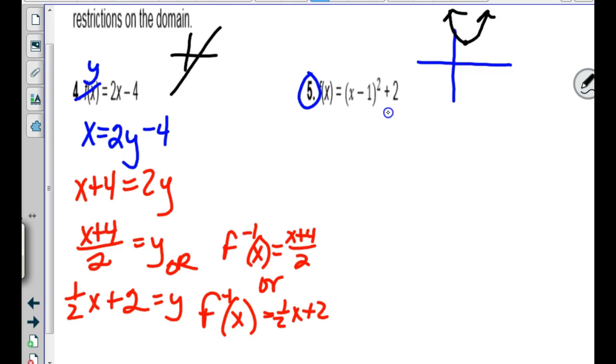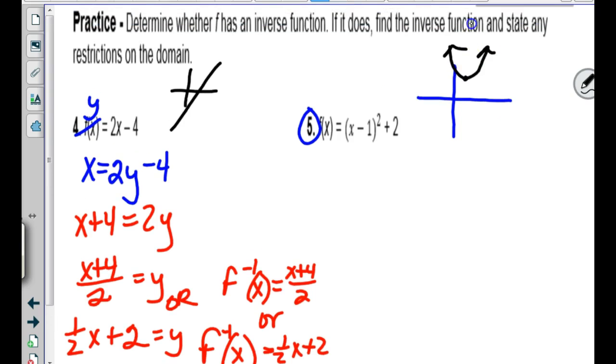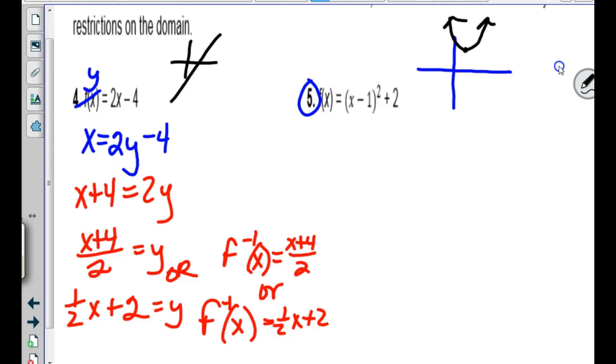No. If we were to attempt to find the inverse equation, you would get an equation, but it would have a plus or minus. What does it say? If it does, find the inverse function. This is not 1 to 1, so we're not required to do anything. Means the inverse is not a function.